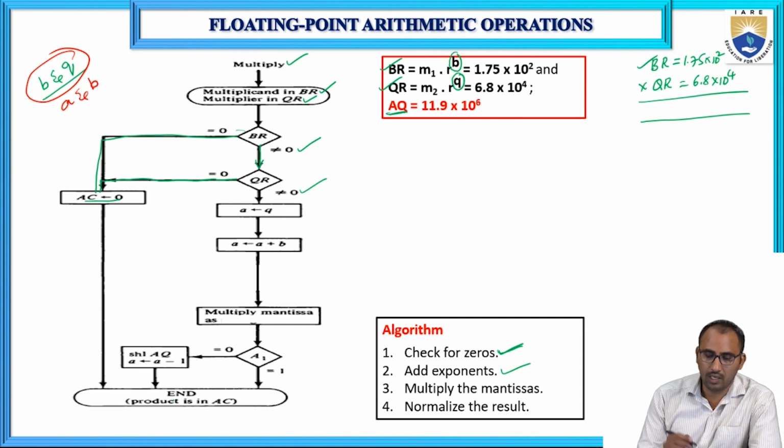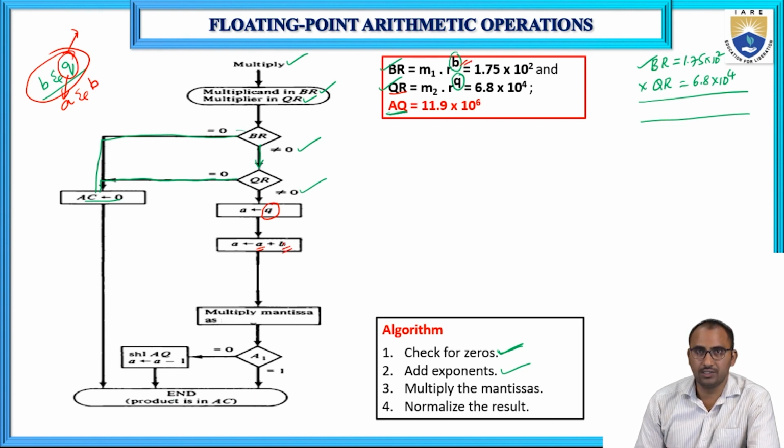So that's why the exponent of Q, we shift to the A register. The exponent of Q will be loaded into A. After that we add. Now the exponent of the QR register is available in A, and the exponent of the B register is available in small b.